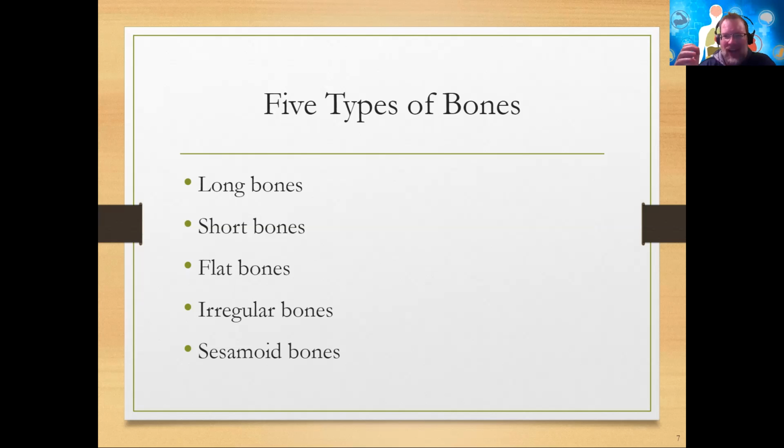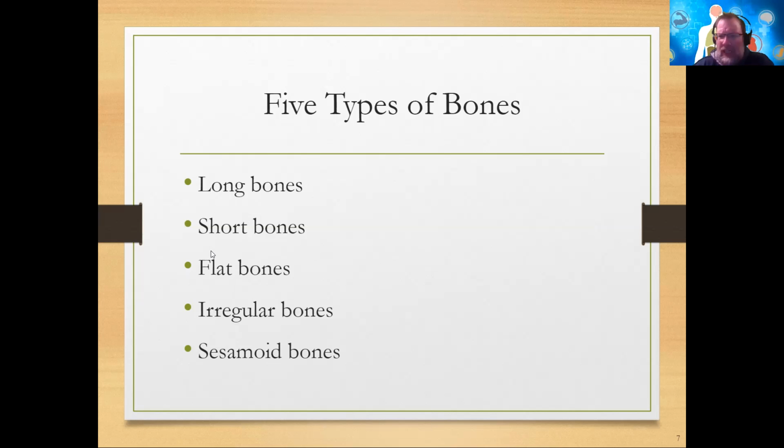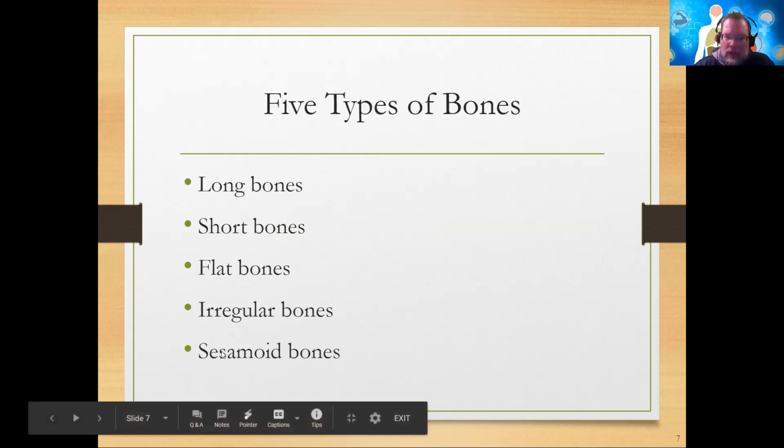Irregular, we don't see a lot of differences from bone to bone. We generally think of a vertebra as an irregular bone. These are kind of jigsaw shaped. They don't really fit into the first three categories. That's why they're irregular. And then sesamoid is a floating bone.